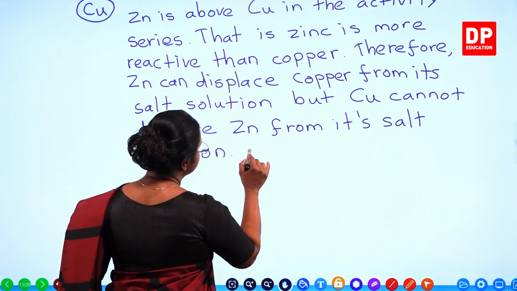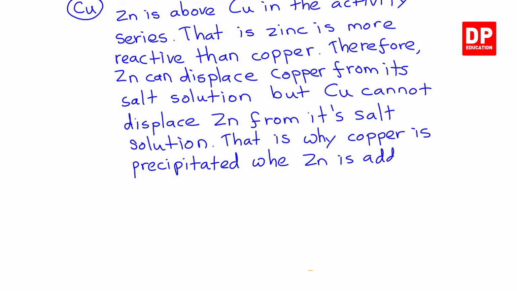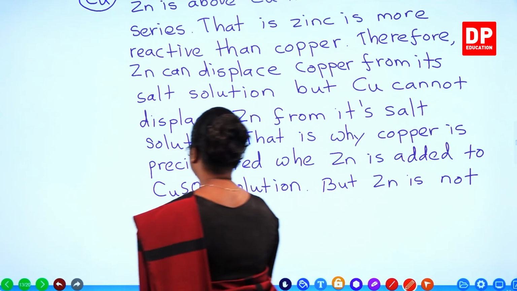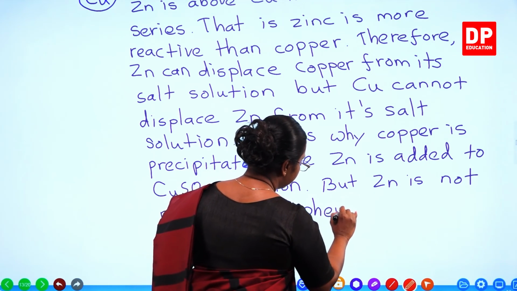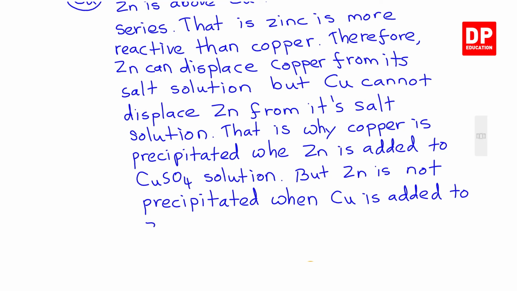So, you can complete the answer by saying that is why copper is precipitated when zinc is added to copper sulfate solution, but zinc is not precipitated when copper is added to zinc sulfate solution.